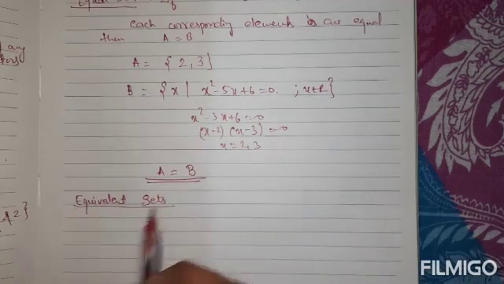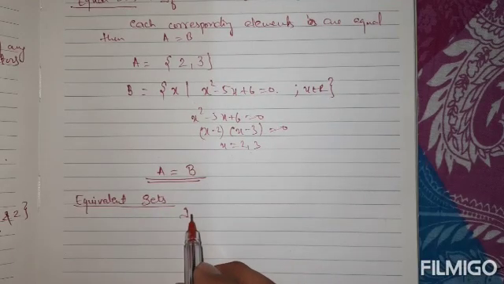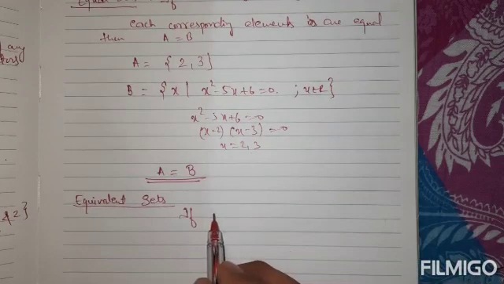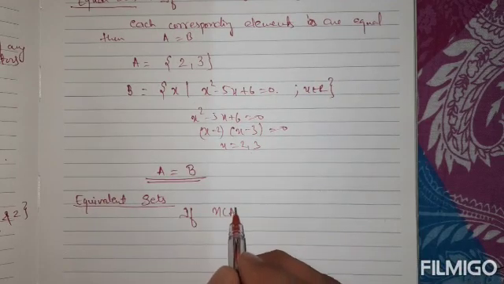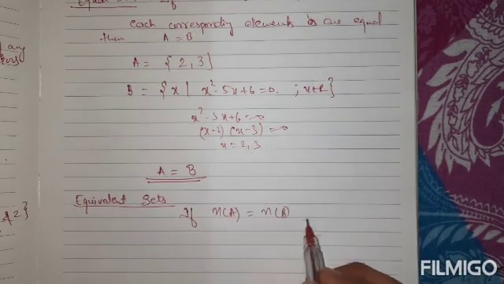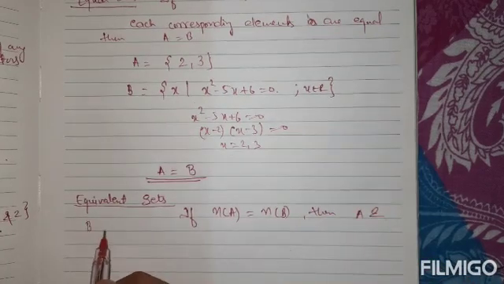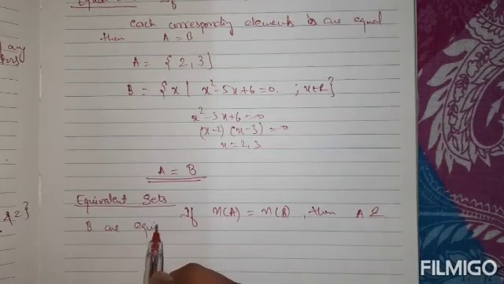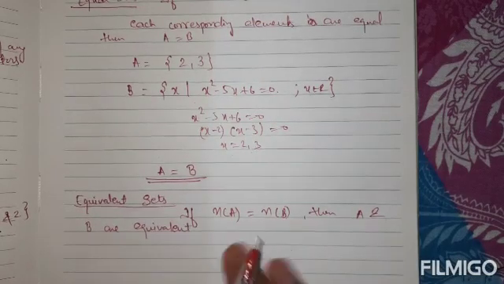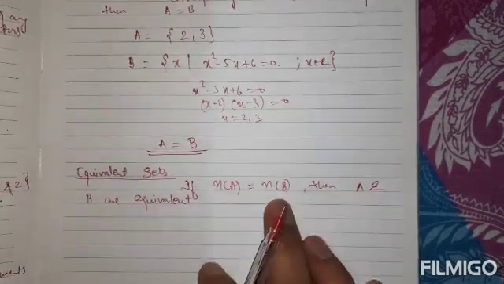Equivalent sets means, suppose A and B are any two sets, then if n(A) is equal to n(B), then A and B are equivalent. It means for A and B to be equivalent, their number of elements must be equal.